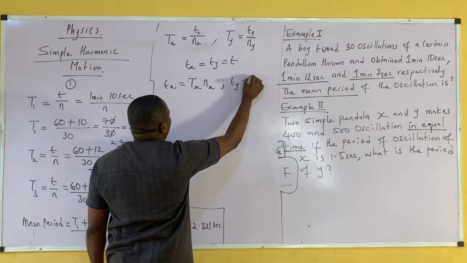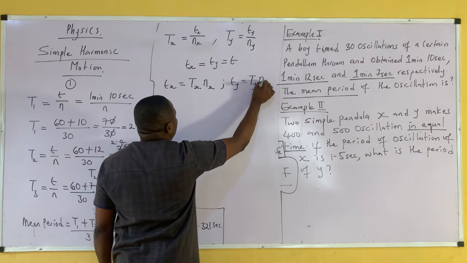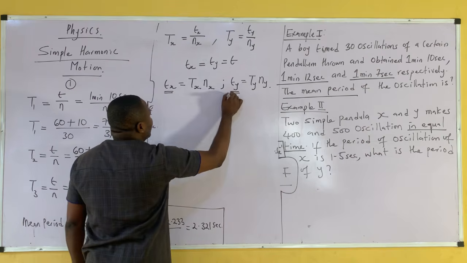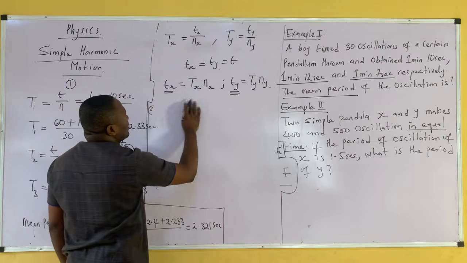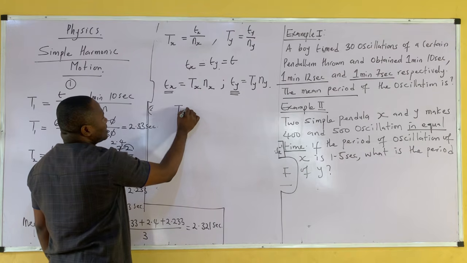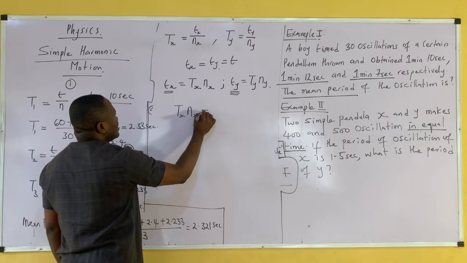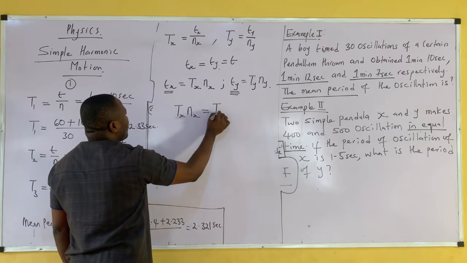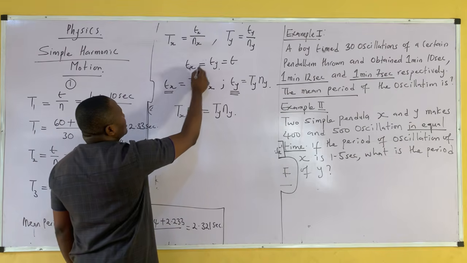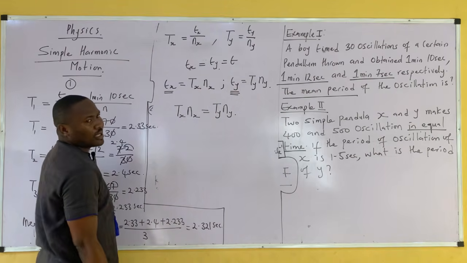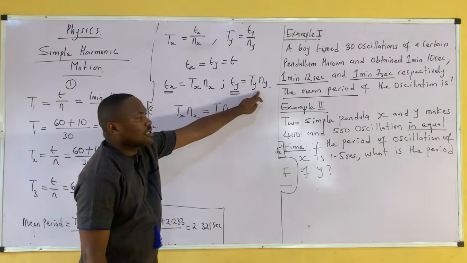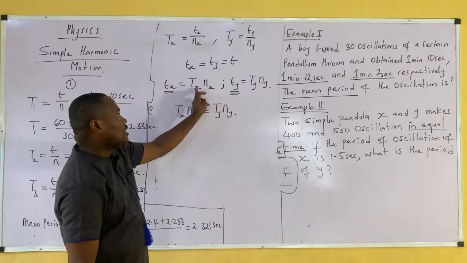Ty is equal to period of y times the n of y. So if Tx equals Ty, I will now have period of x times n of x equals period of y times n of y, because my Tx equals my Ty.